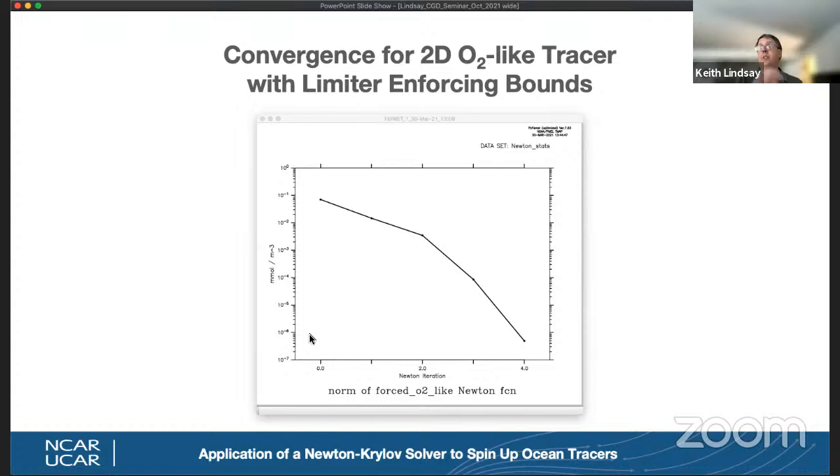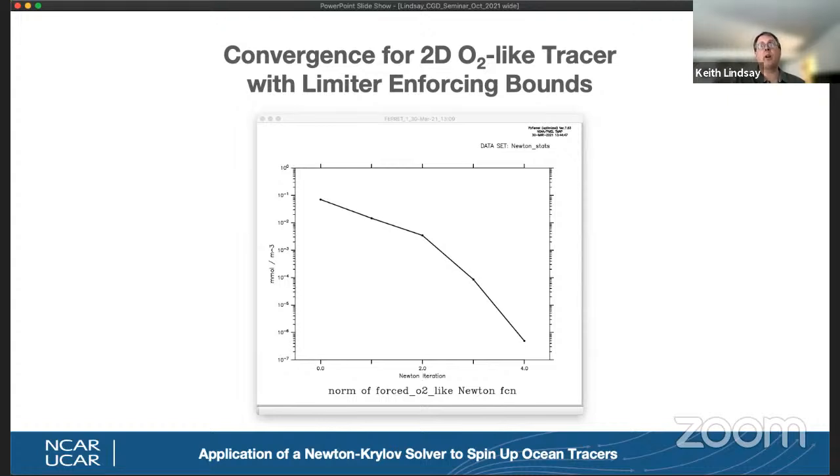So it's not quite as good as the simple tracers. The limiters enforcing the bounds are reducing the convergence rate, but we're converging. Whereas if you don't enforce these physical limits on the oxygen tracer in this framework, it doesn't converge.